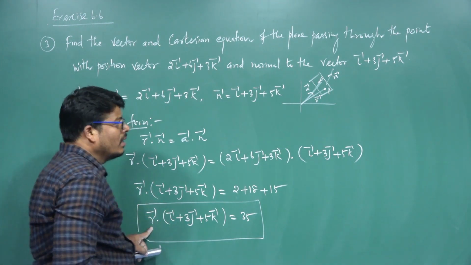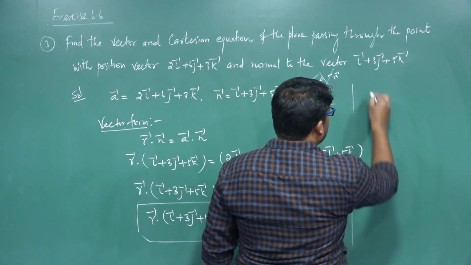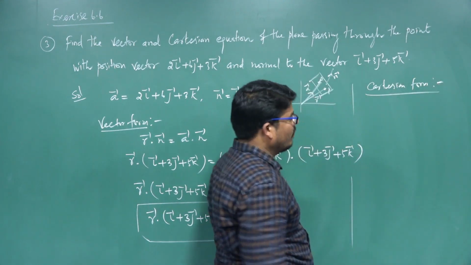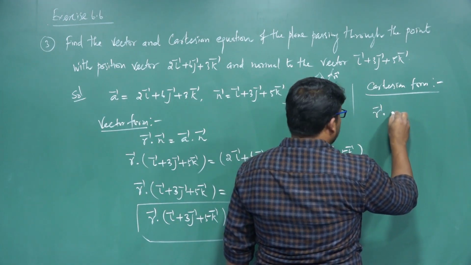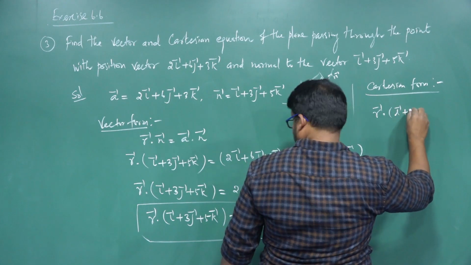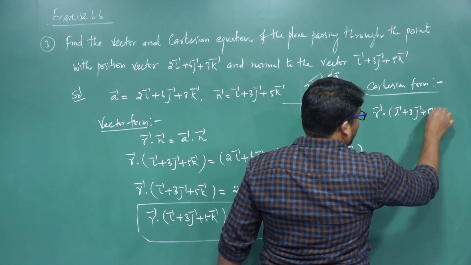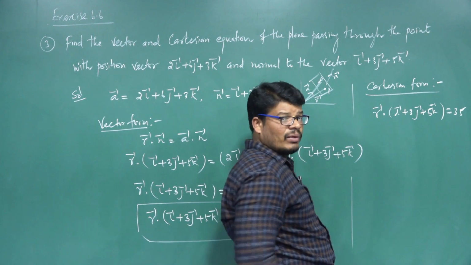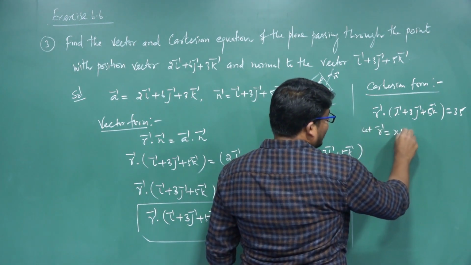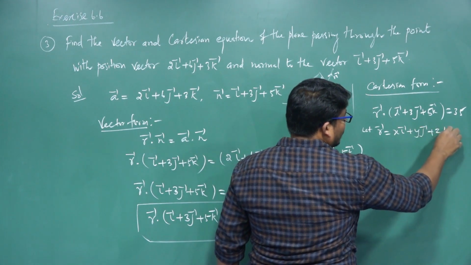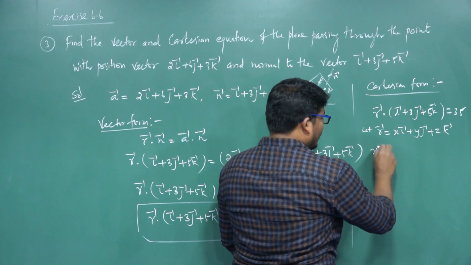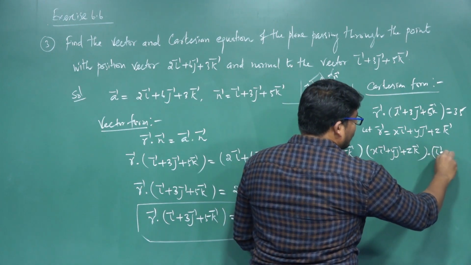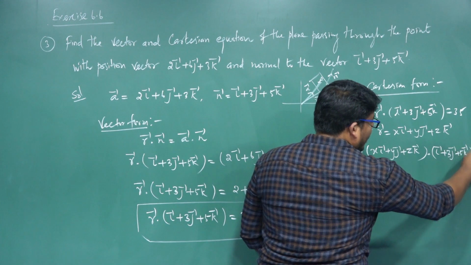Now substitute: r vector dot (i vector plus 3j vector plus 5k vector) equal to 35 becomes (xi vector plus yj vector plus zk vector) dot (i vector plus 3j vector plus 5k vector) equal to 35.